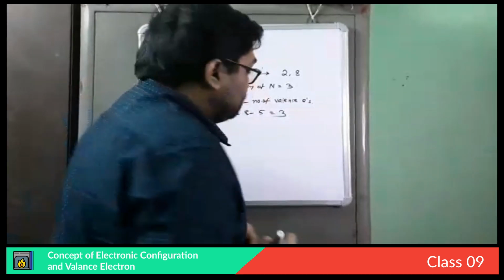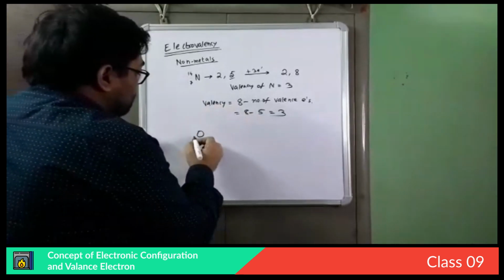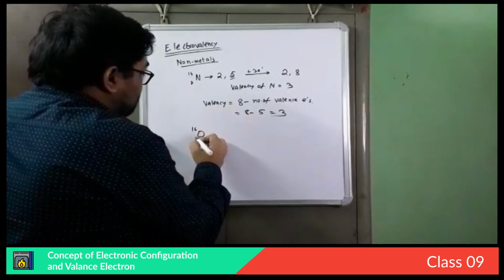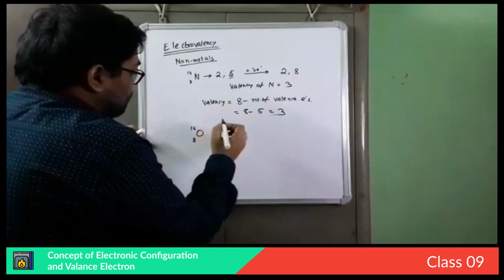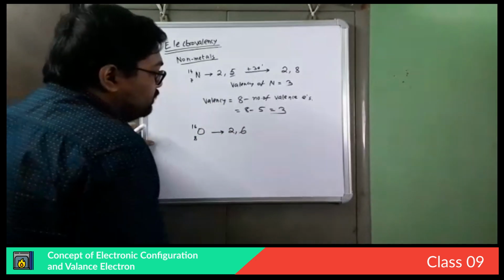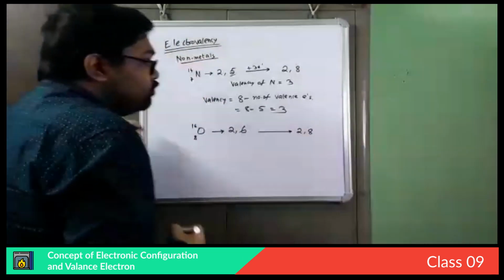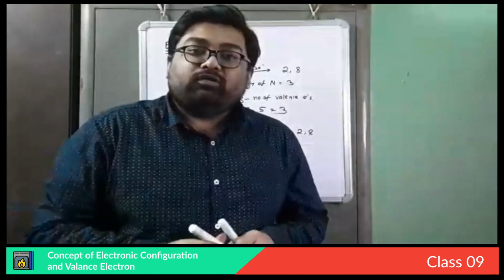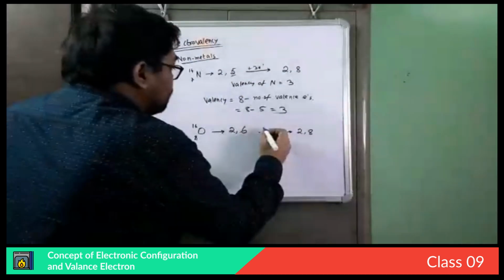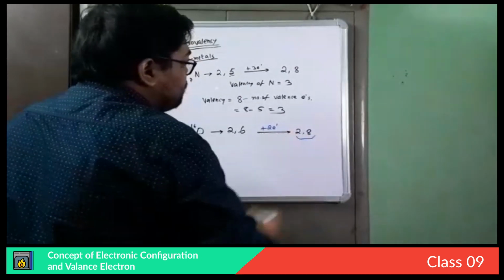Okay, another example I am discussing is oxygen. Oxygen is O, 16 and 8, right? So if I write its electronic configuration, 2, 6. Now to obtain the inert gas configuration of 2, 8, what will oxygen have to do? It will have to gain 2 electrons in order to achieve this configuration.